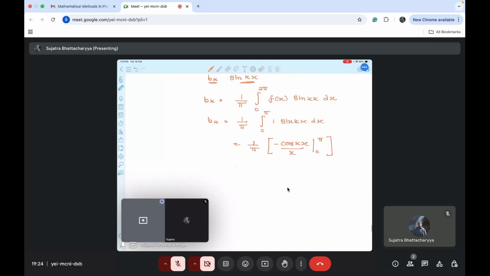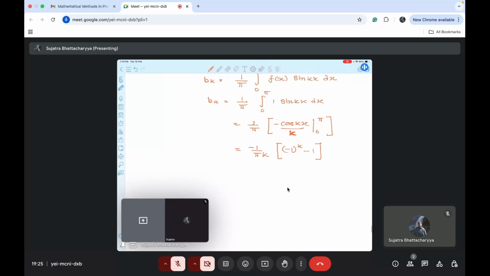All right, so this will be 1 by pi, with the minus sign and k taken outside. So cos of k pi is minus 1 to the power k, and minus 1. This is what you will have, right?